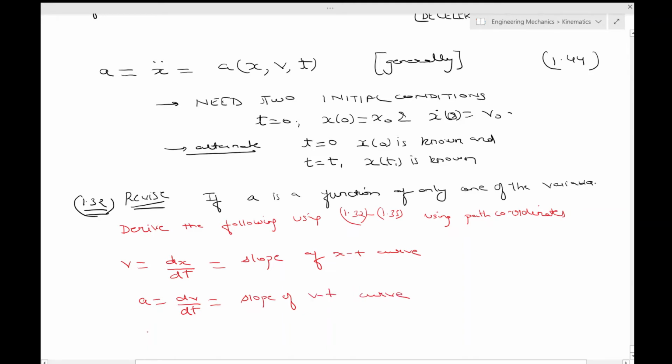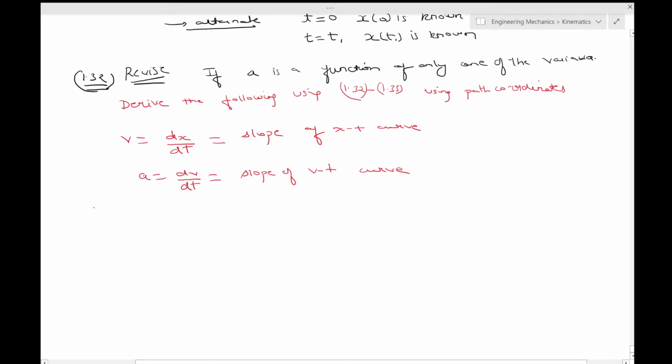And delta x is equal to x of t2 minus x of t1.